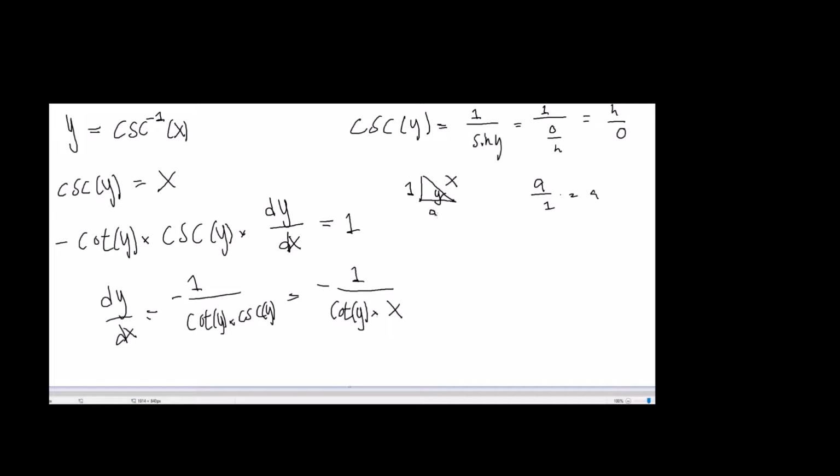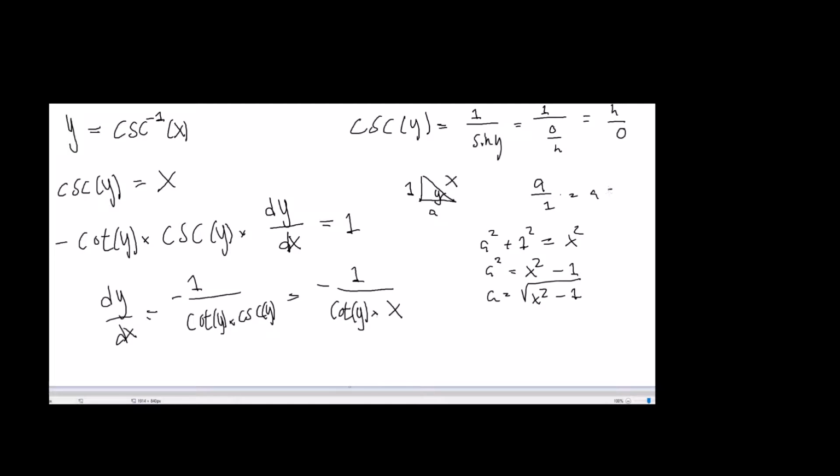But what is the adjacent side? Well, we know that a squared plus 1 squared should be equivalent to x squared due to the Pythagorean theorem, and therefore we have a squared is equal to x squared minus 1, and a is just equivalent to the square root of x squared minus 1.